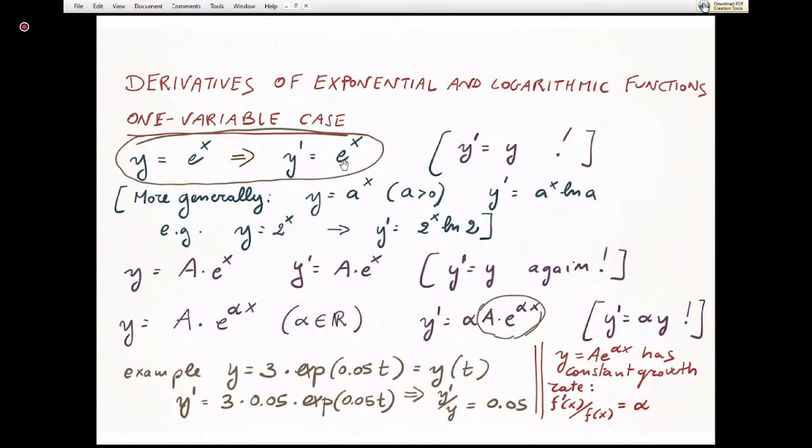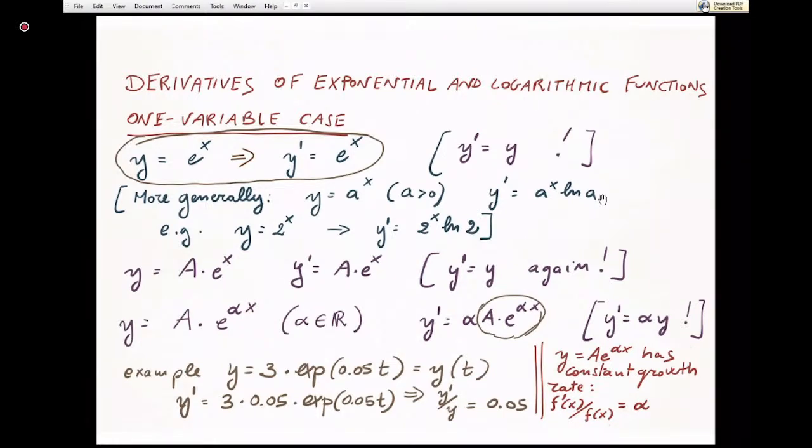Y prime is equal to e to the power of x. More generally, if we have an exponential function of this type, with a positive base a, a to the power of x, y prime is again a to the power of x times the log of a.